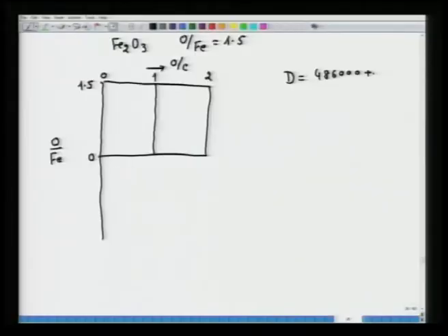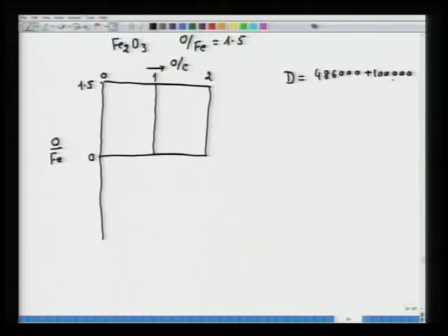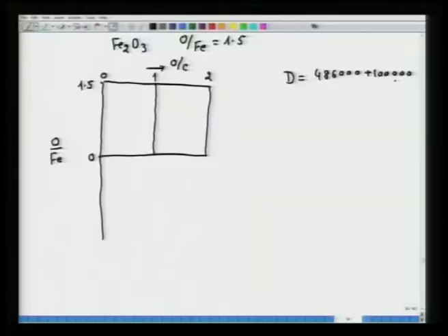Into this let us add some 100,000 kilojoule, for the sake of illustration, that is the heat because of the gangue. The presence of gangue has to be fluxed, though we have to calculate the amount of slag that is produced and accordingly heat has to be supplied. So, for the present case I am just taking 100,000 kilojoule per kg mole of iron as the amount of heat required to form a slag. So, my demand will be this.